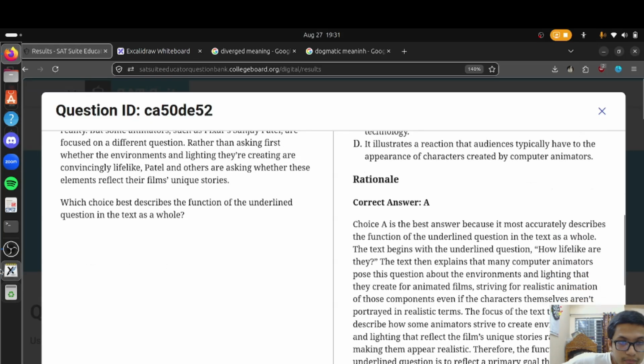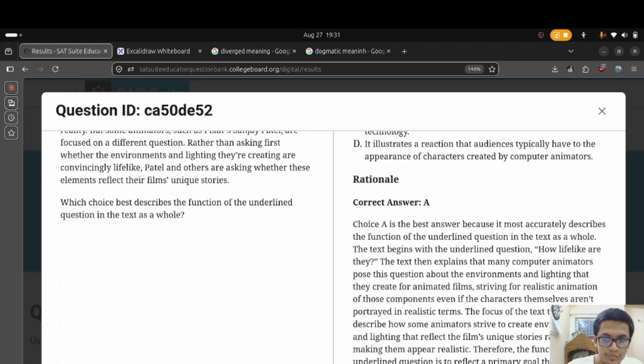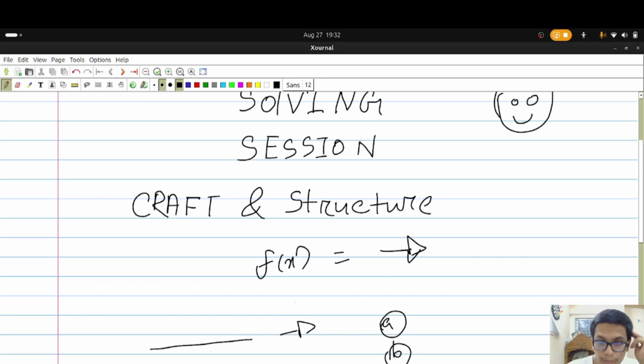So what do they mean by the function question? Suppose we know that f of x is equal to this. Okay, so the function here is the primary goal.